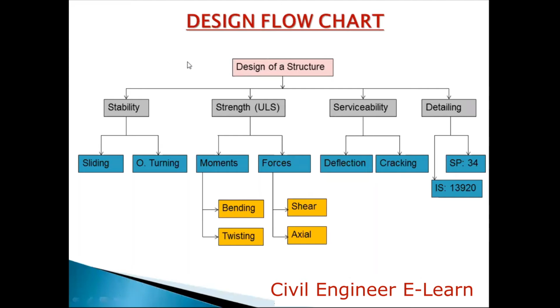Strength and serviceability criteria are the primary criteria to be verified for designing a structure. And finally, we have to prepare drawings based on SP34 or IS 13920 detailing, right? So this is what designing of a structure means.